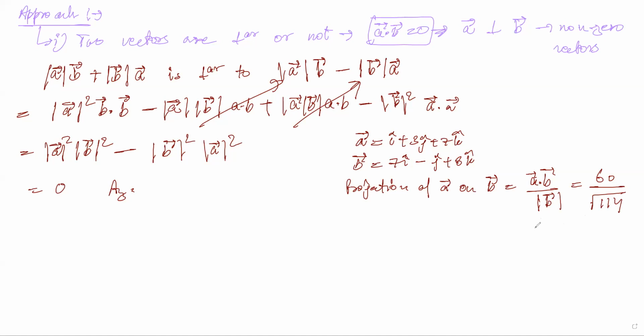Let's solve question number 6. Find mod a and mod b if (a plus b) dot (a minus b) is equal to 8 and mod a is equal to 8 times mod b. You have to find out the value of two variables, and you have been given two equations.